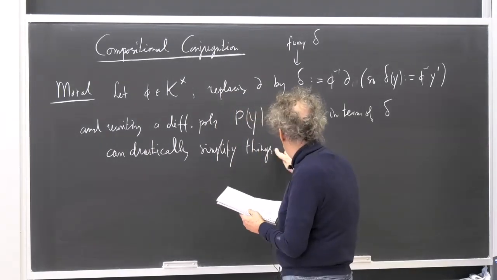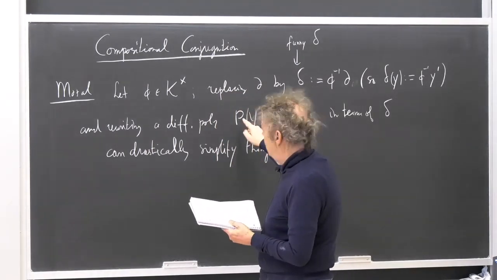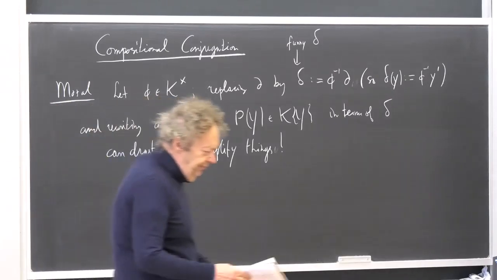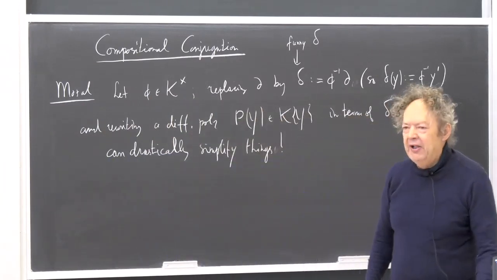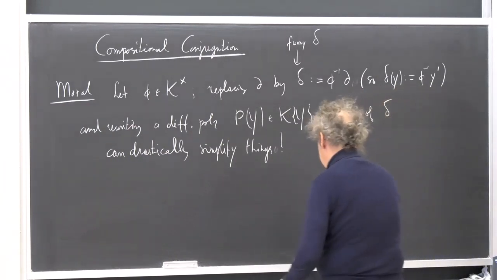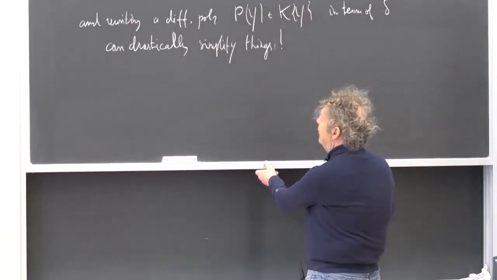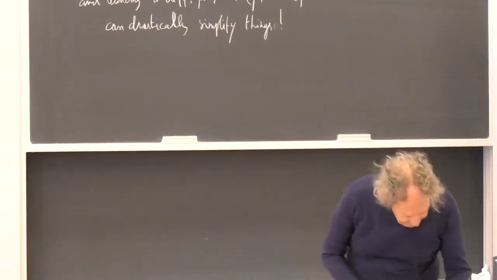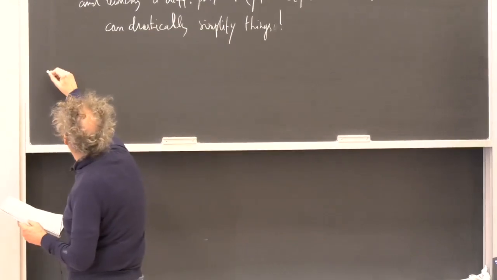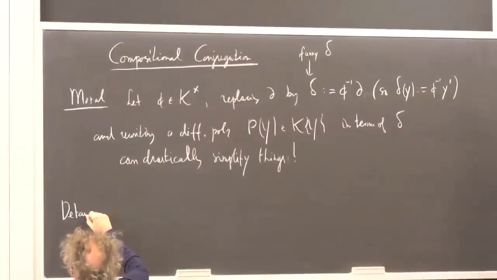It can happen that a differential polynomial, when you rewrite it in terms of this new derivation, becomes much simpler to understand. You kind of unveil it, if you like. Okay, now here are the details. I mean, this is all pretty vague.